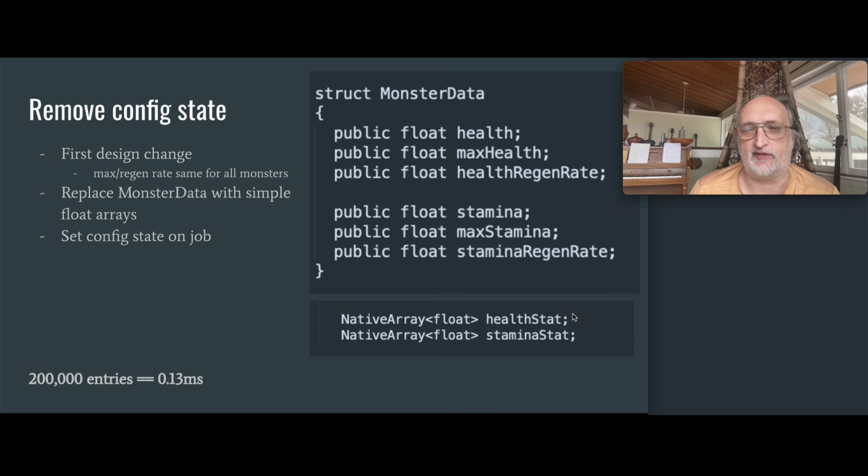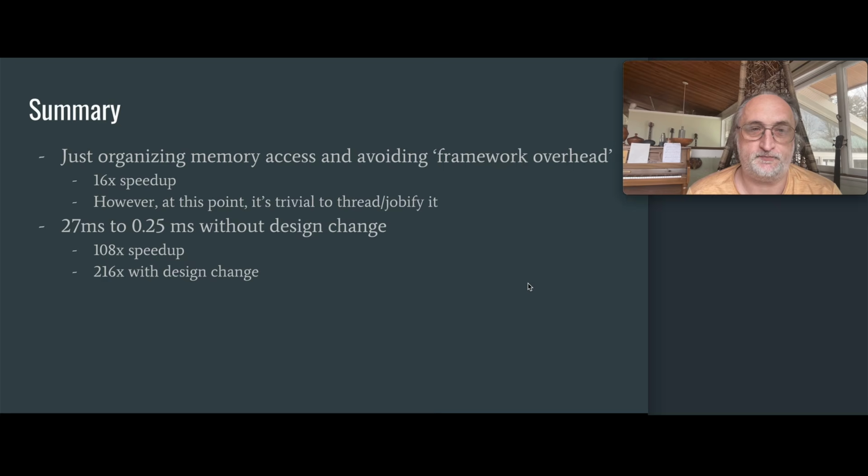We only need to access that one float per thing. So what that does is means we can get a lot more back from the cache. And we'll see that this just about doubles the speed of these operations again, and we get down to 0.13 milliseconds, which is really fast, right?